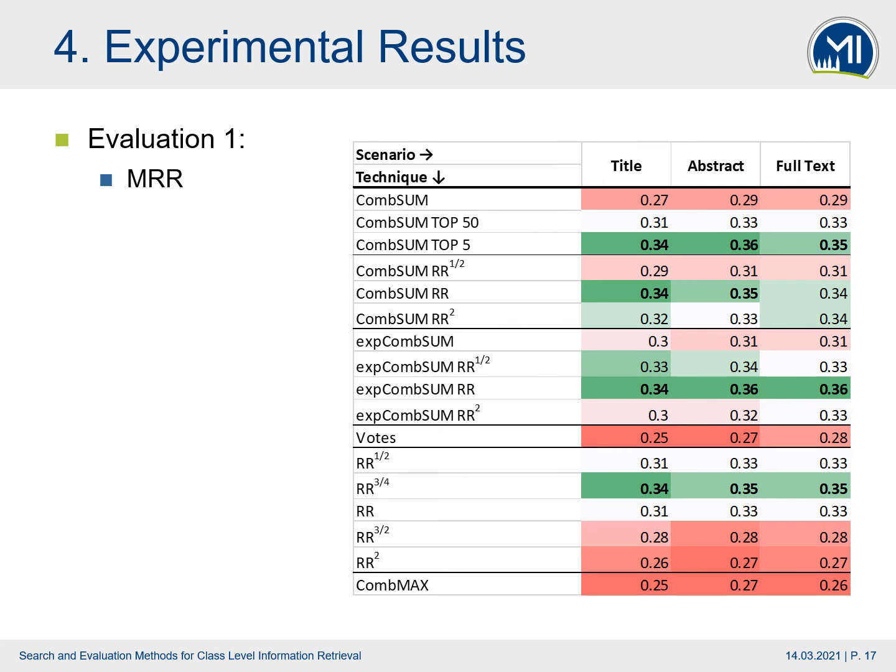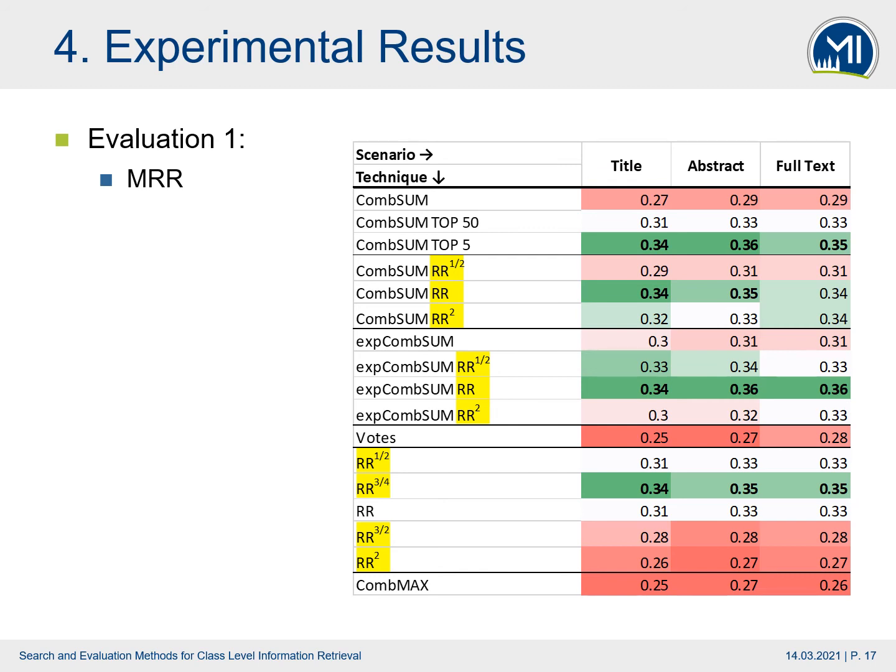This table shows the results for the search scenarios: search over titles, abstracts and the full text documents. The mean reciprocal rank is taken as an evaluation measure. It results from the rank of the first relevant answer. This relevant answer is the journal from which the query was taken.